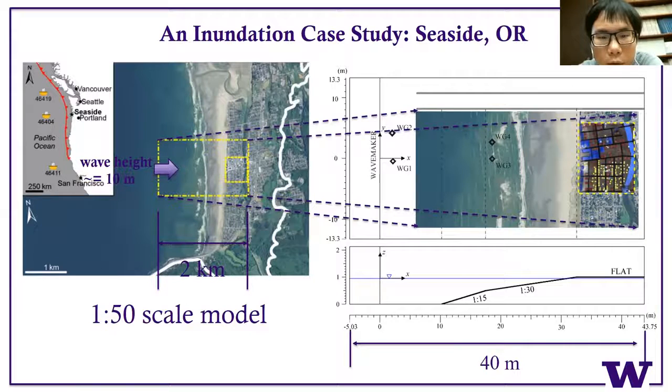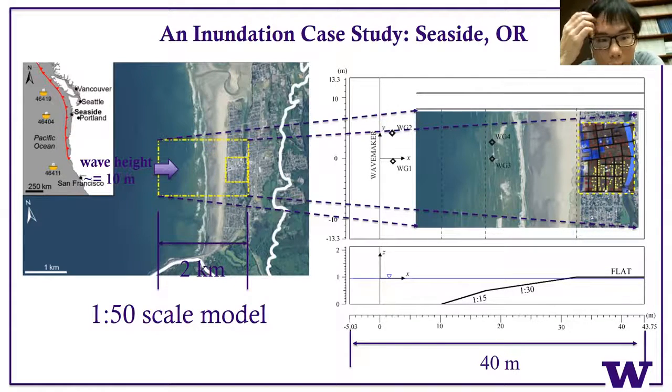And this is also the region that the physical experiment modeled. And a wave of 10 meters high is going to enter the region from its left boundary and it's going to hit the buildings in the small yellow rectangle on the right. The length of the rectangle is about 2 kilometers, and it's about 1.5 kilometers wide. And it's a 1:50 scale model.